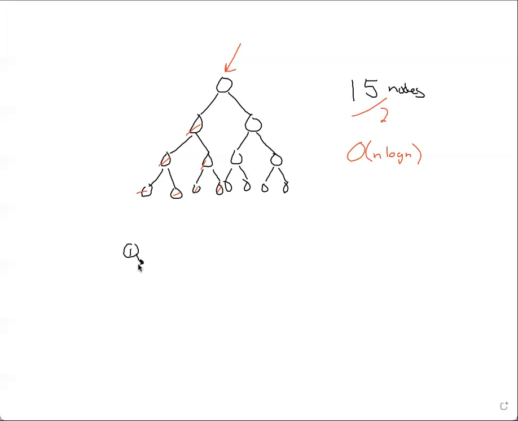The 2 is bigger than that. We go to the 2. The 3 is bigger than that. We go to the 3. The 4 is bigger than that. We go to the 4. And the 5 is bigger than that. We go to the 5.